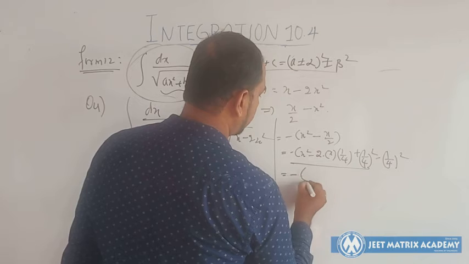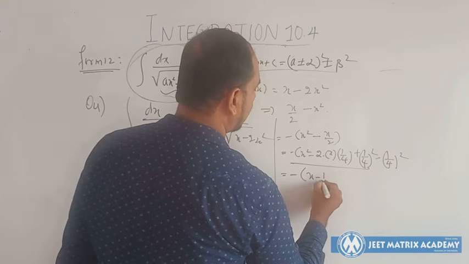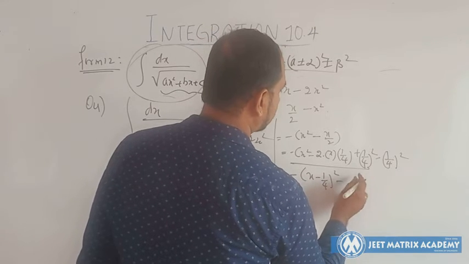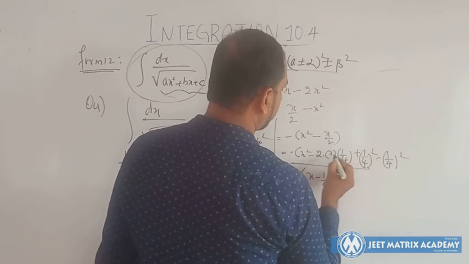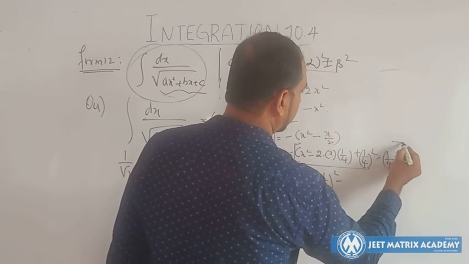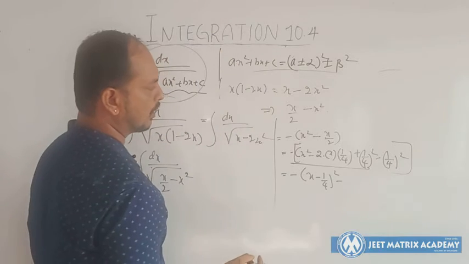But the first part I can write as x minus 1 by 4 whole square, minus, now see, when you open the bracket, this is a square bracket I am putting.